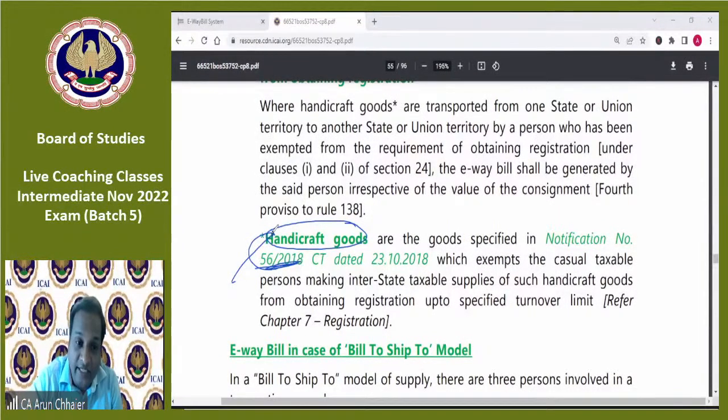If your goods are covered in that list, then the 50,000 limit is not applicable and you have to mandatorily generate the e-way bill. If it is not covered, then the limit of 50,000 will apply. I hope it is clear.